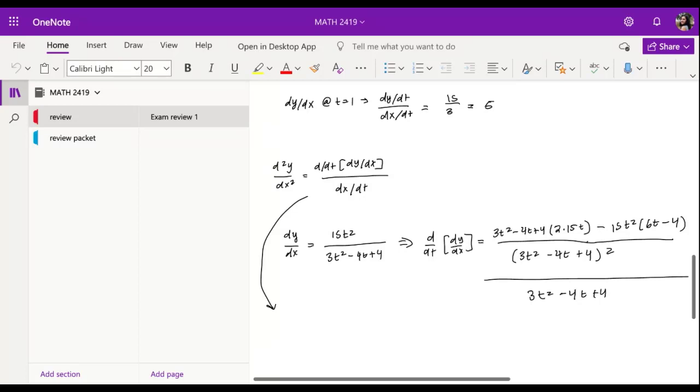All we have to do after this point is plug in 1 for t, and your answer will come out to be 20/9. You can try this out, just so we have enough time to cover other topics, but we would just plug in 1 and then simplify, and you should get 20/9. Any questions about this?